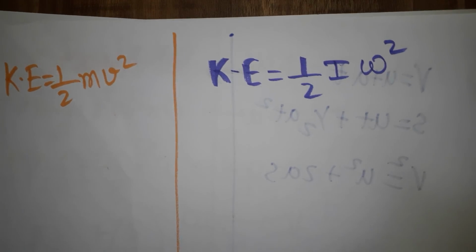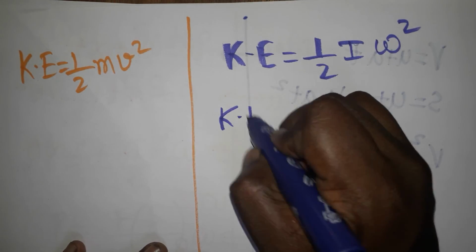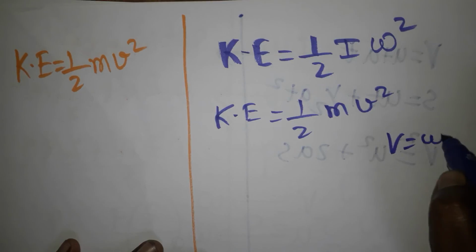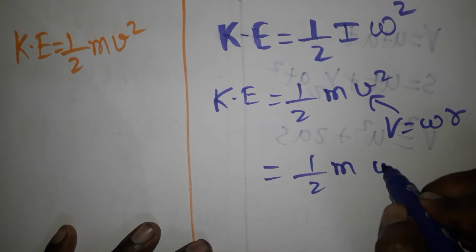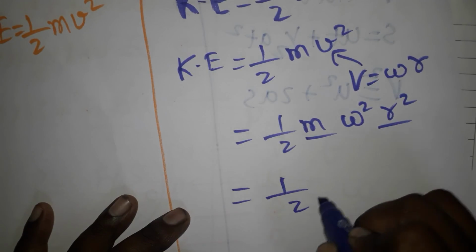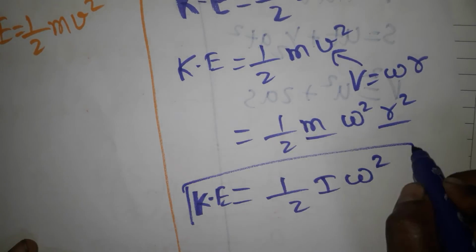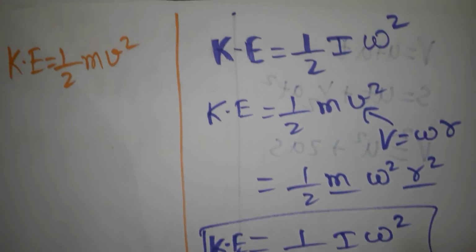I will repeat again: kinetic energy is equal to half mv square. We know v is omega times r, so if you substitute, half m omega square r square, and mr square is the inertia, so half I omega square. This is the kinetic energy in rotation motion. If you learn these formulas, the maximum part of rotation motion will be covered.